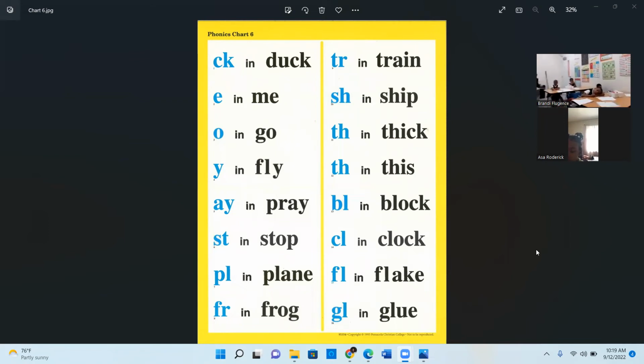All right, let's start with CK. CK says /k/, and duck. E says E, and me. O says O, and go. Y says I, and fly. Y says E. Keep going. ST says /st/, and stop.